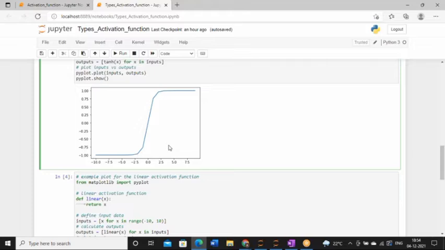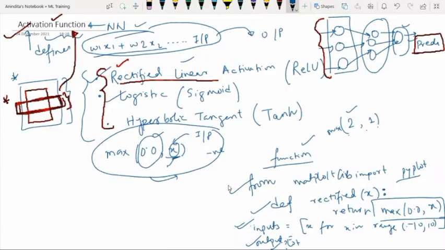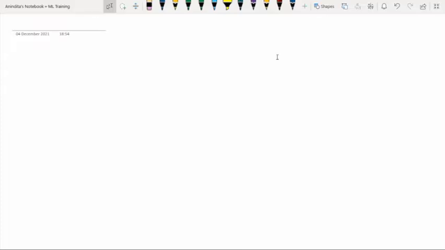But here there is one question: how to choose a hidden layer activation function, meaning which activation function we should select. There is no straightforward answer. Say you have one neural network, definitely you will have a hidden layer. Then how can you choose a particular activation function, because you have many? You can say that it depends on the architecture.